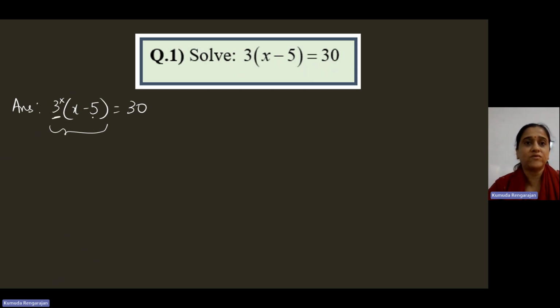We see this 3 and 5. We need to take them to the other side. We need to transpose 3 and 5. Then x will stand alone in the left hand side, correct? So we'll have to take 3 to the other side and 5 to the other side. When we do that, x will be alone on the left hand side. And like that, we find the value of x.